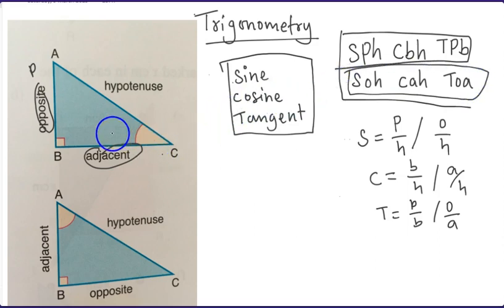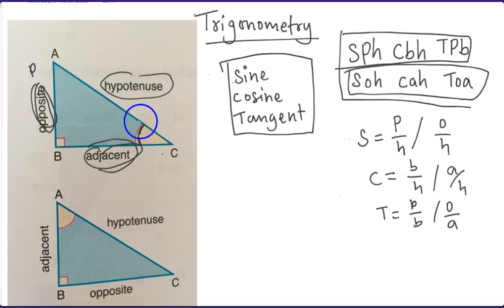Okay, so in the first figure ABC, we have chosen angle C. So the opposite is this side on the left-hand side, and here we have the adjacent, and the hypotenuse.